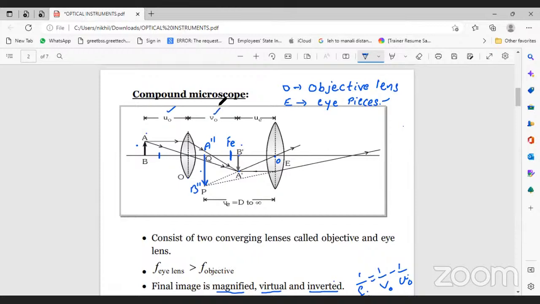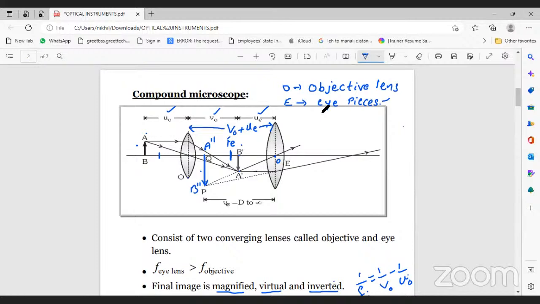V naught plus ue. That is nothing but the distance between two lenses, no? Yes, sir.